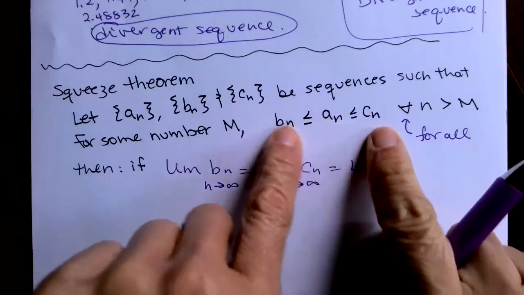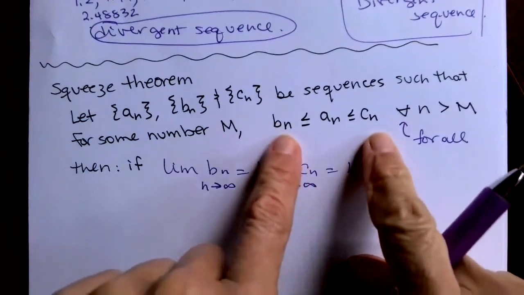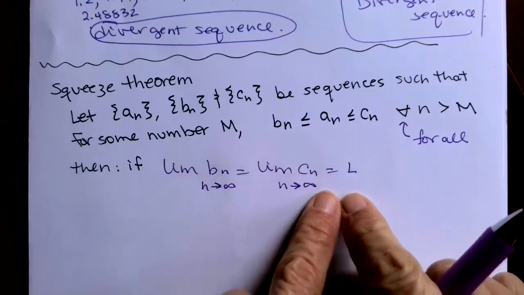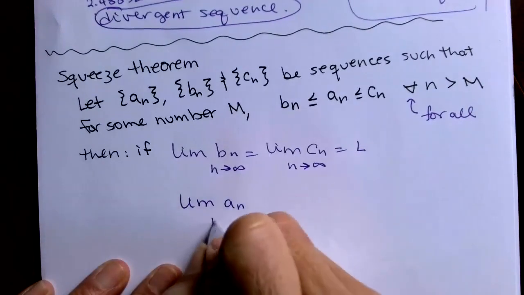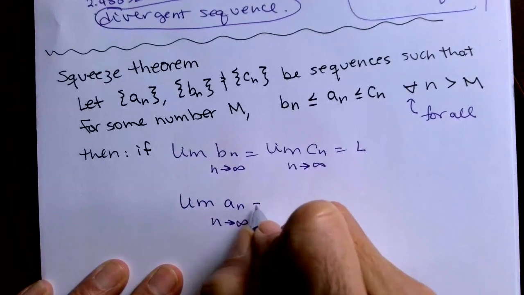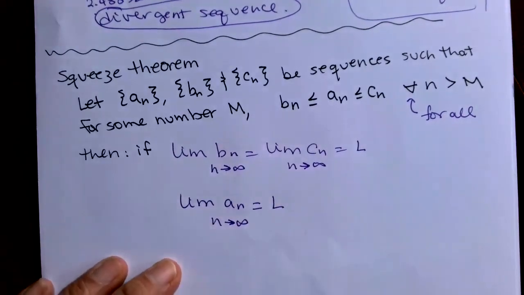So if A is sandwiched between and the limits on either side approach L, then we can say that the limit of A sub n as n gets big is also L.